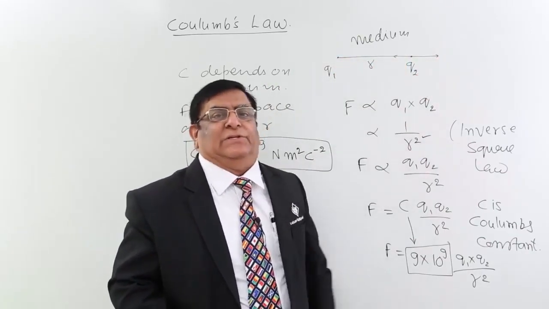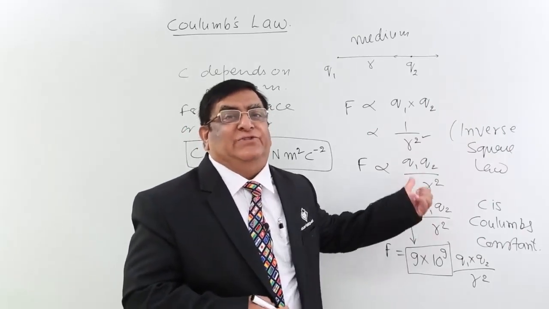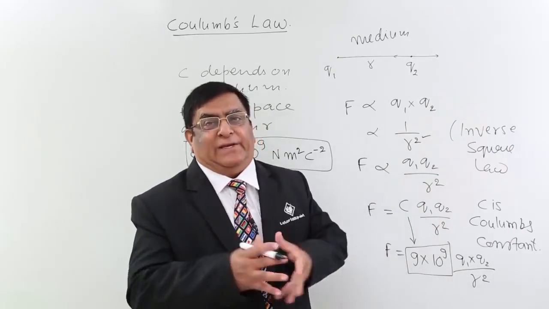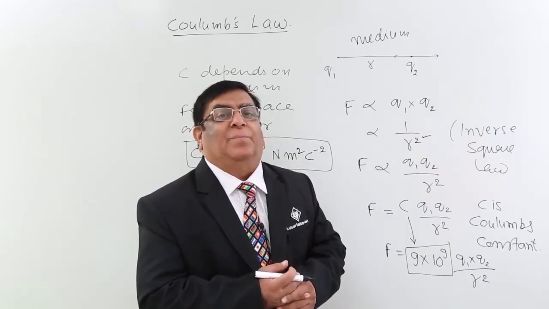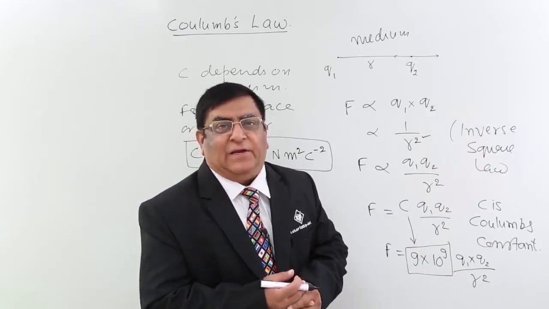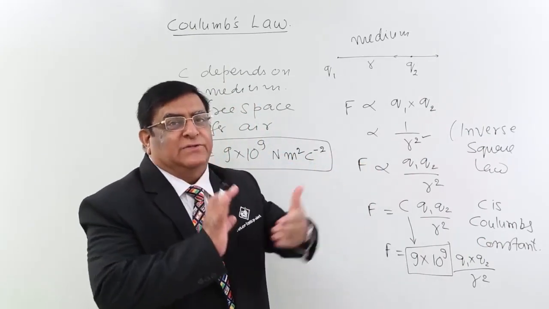So this is Coulomb's law. In the next lecture we will see how this C changes with the medium, and there is a characteristic known as permittivity of the medium which affects Coulomb's constant or the force between two charges.